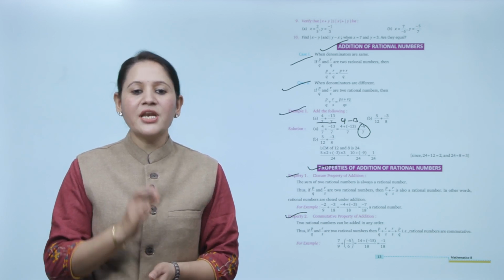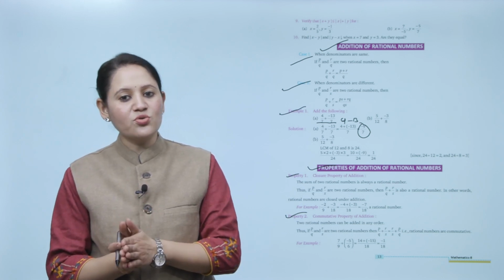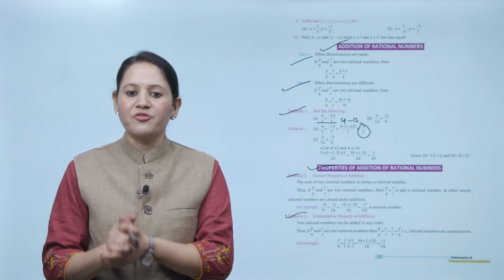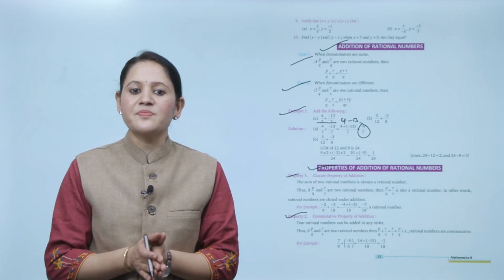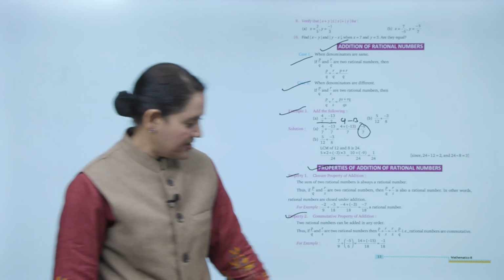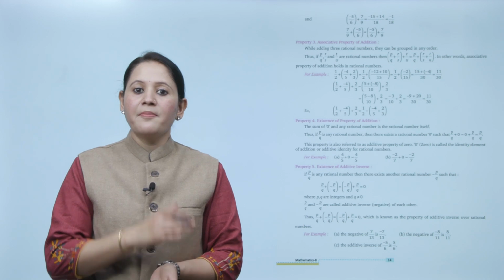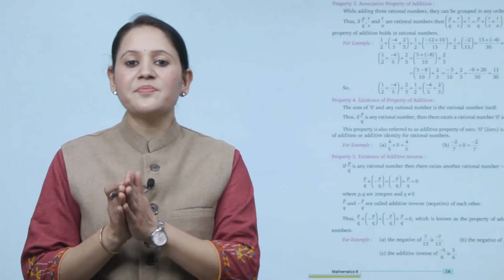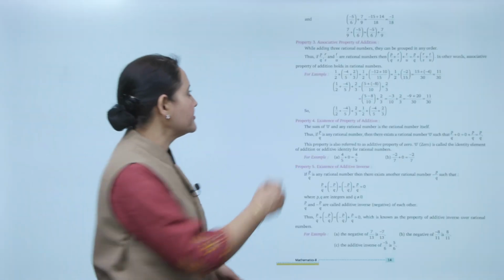Thus, if p upon q and r upon s are two rational numbers, then p upon q plus r upon s equals r upon s plus p upon q. रैशनल नंबर्स आर कम्यूटेटिव, मीन्स हम किसी भी ऑर्डर में उनको ऐड कर सकते हैं. फॉर एग्जाम्पल 7 अपॉन 9 प्लस माइनस 5 अपॉन 6 इक्वल्स टू माइनस 1 अपॉन 18. और what we can do, minus 5 upon 6 plus 7 upon 9, again the result is same, that is minus 1 upon 18.